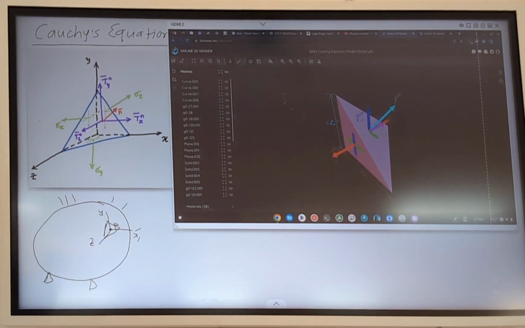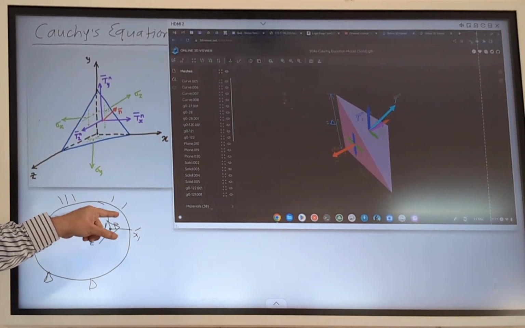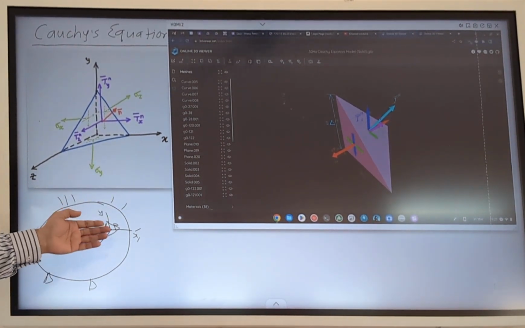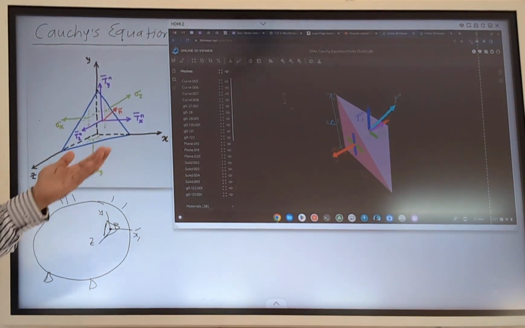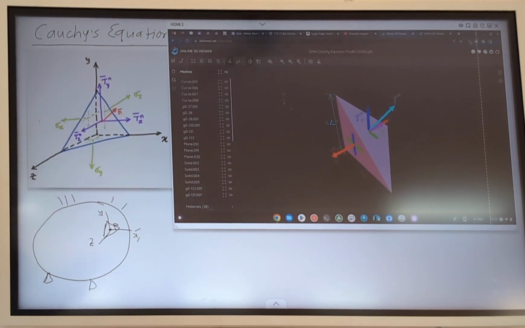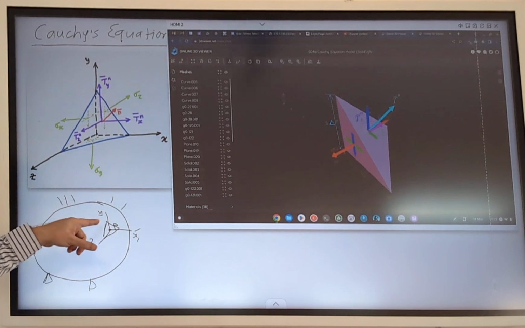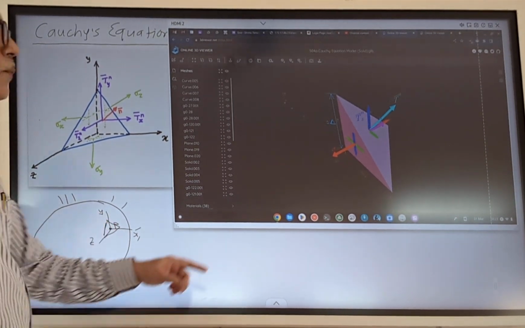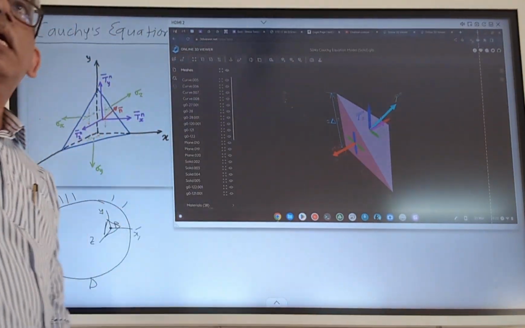So instead of creating that cuboid, we are constructing this triangular tetrahedron because you can imagine it as a diagonal plane of a regular brick. And this particular arbitrary plane is the plane where we want to know the traction vectors.